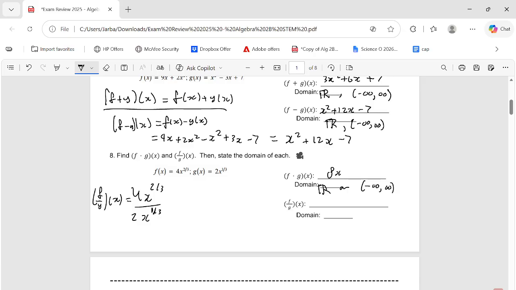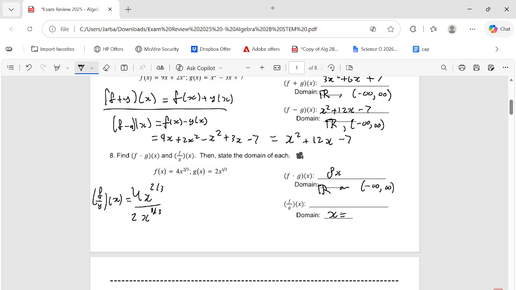Now notice, before I do this cancellation and simplifying, in our original expression for f over g of x, we have an x to the 1/3 power in the denominator. So what that means is x is not going to be able to be 0 because that would make the denominator 0, which does not work.